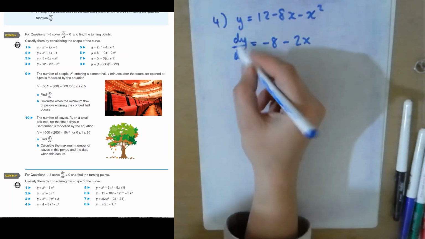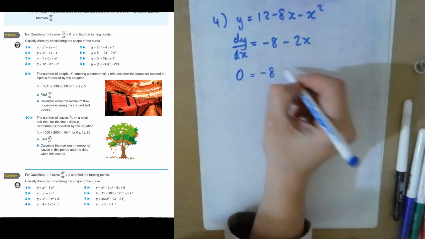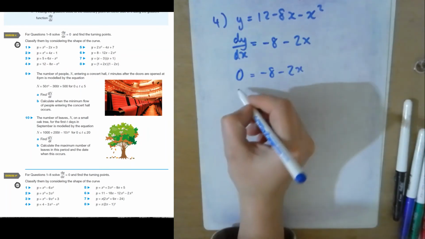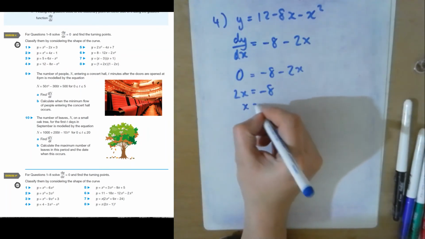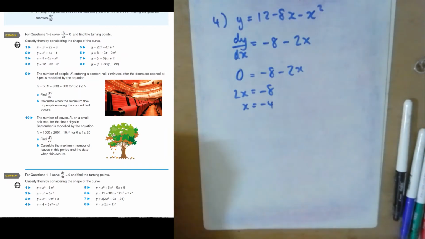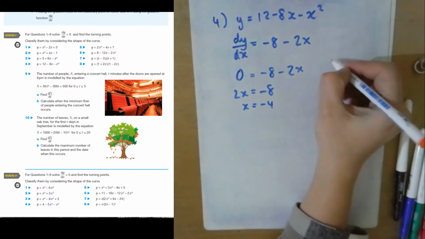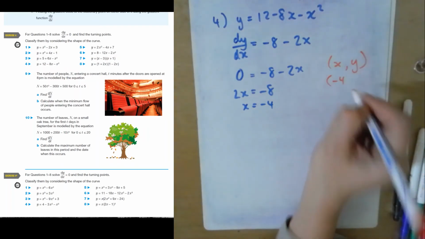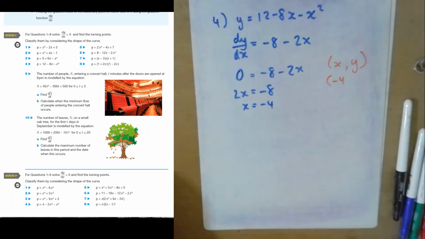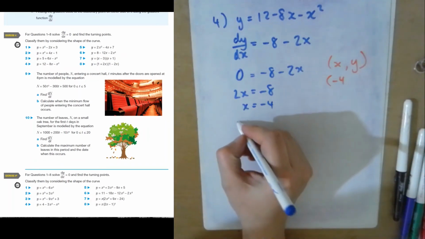Okay, so dy dx equals 0, negative 8, take away 2x, so that's 2x equals negative 8, so x is equal to negative 4. So exactly the same, so I've got my x, y point, so I've got my x is negative 4, so I just need to pop that negative 4 back into this equation.